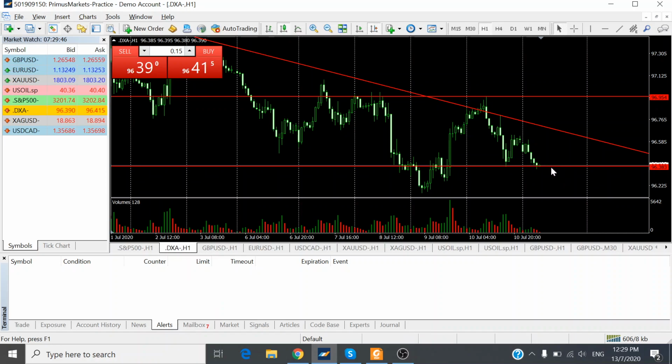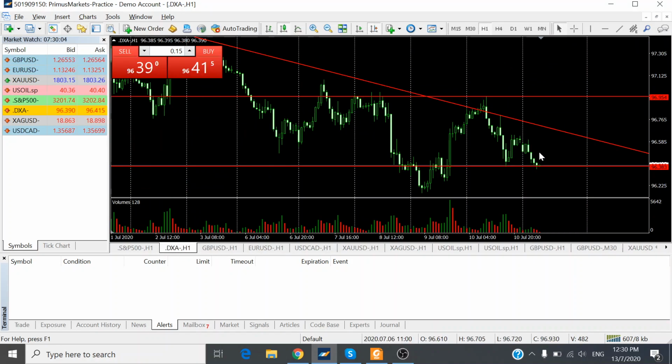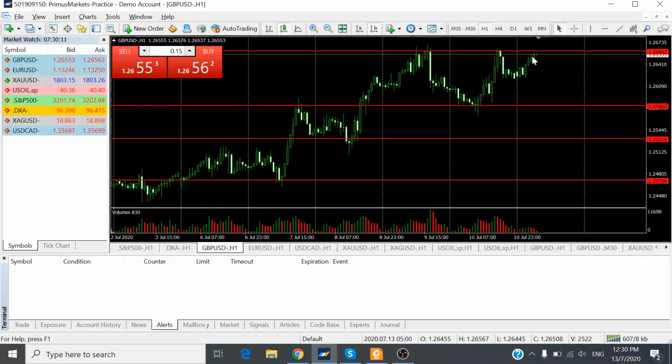For the US dollar at the moment, although the sentiment was bearish for the last 2 days, it is looking like it's trying to find some support at these levels, and it could bounce back up to test this dynamic trend line later today. The same goes for the UK pound. If the US dollar bounces back up to test this dynamic trend line, we should see the UK pound testing this resistance and then may go back down.